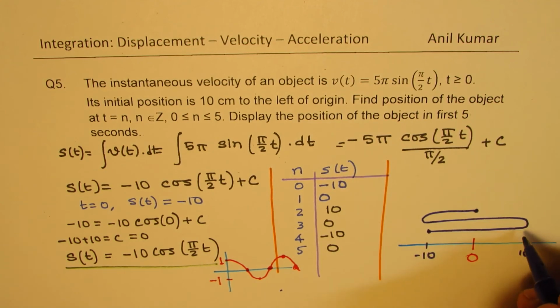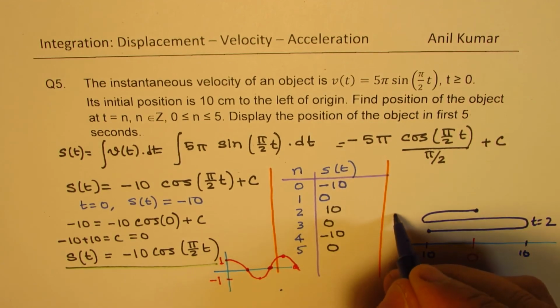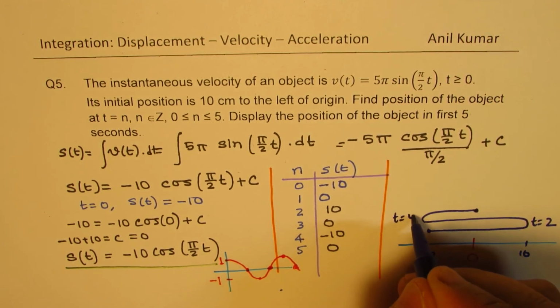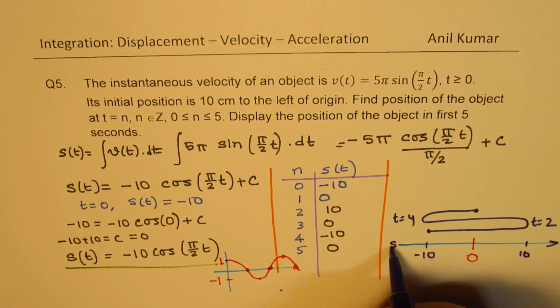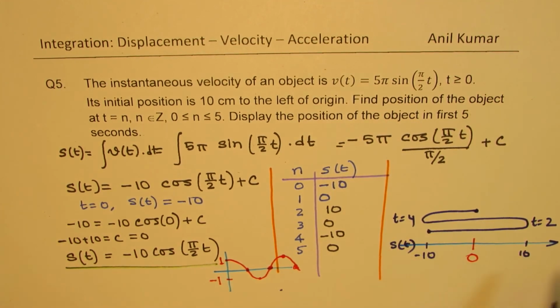So that is what is happening. These turning points are at t equals 2, and this one is at t equals 4. So that becomes the displacement, s of t, with time. So that is how you could show your graph.